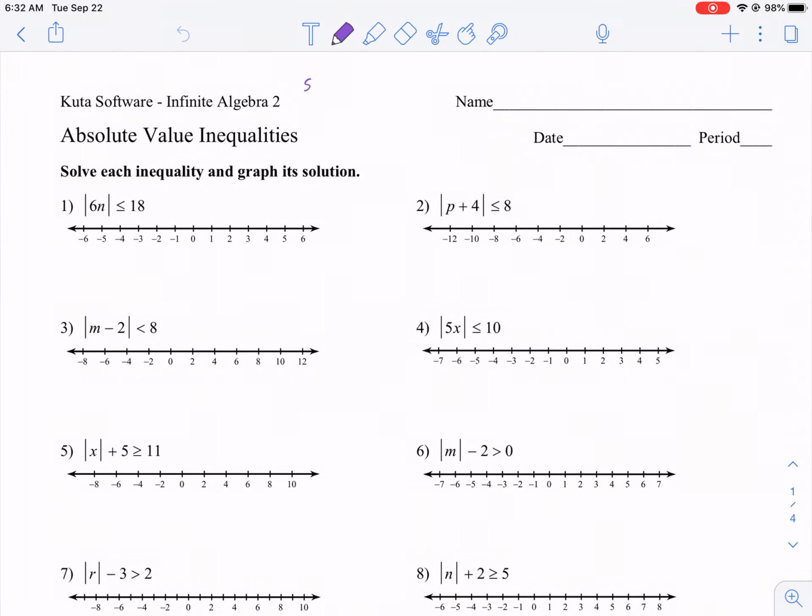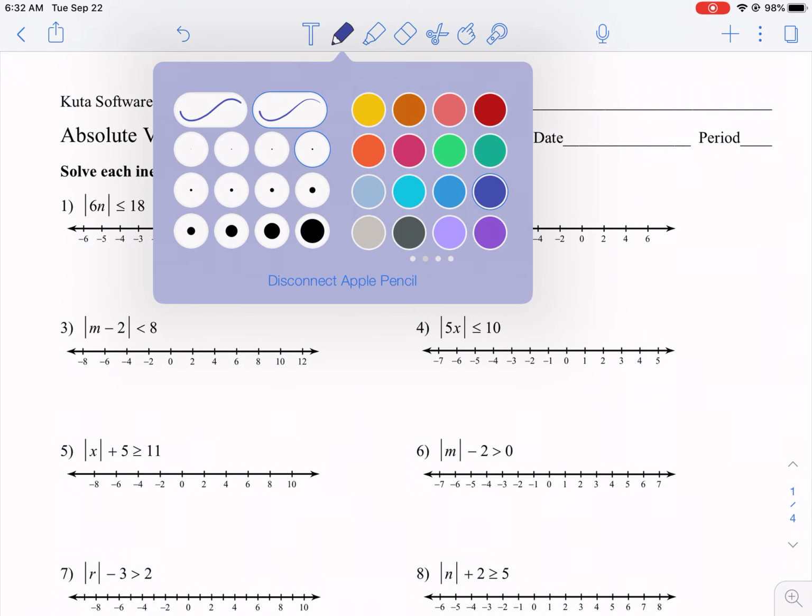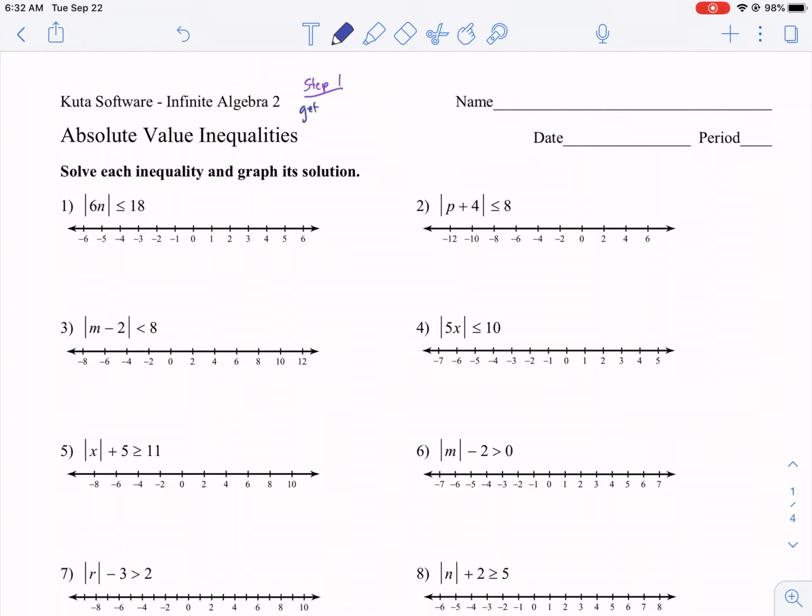But the first step, step one, is we need to get the absolute value by itself. I'll say alone. Okay? So if you look, most of these have the absolute value by itself. What do I mean?